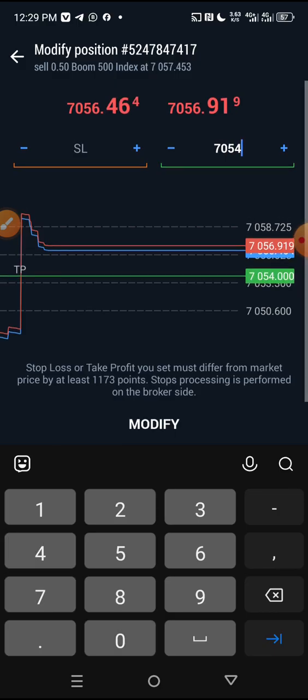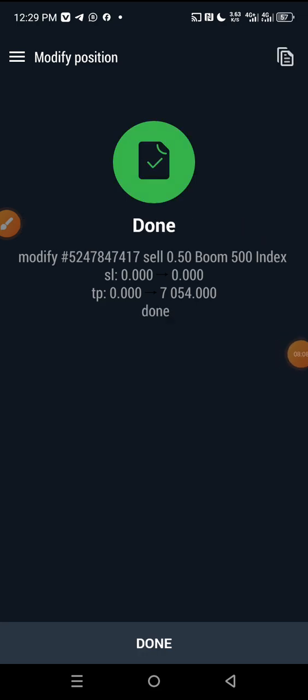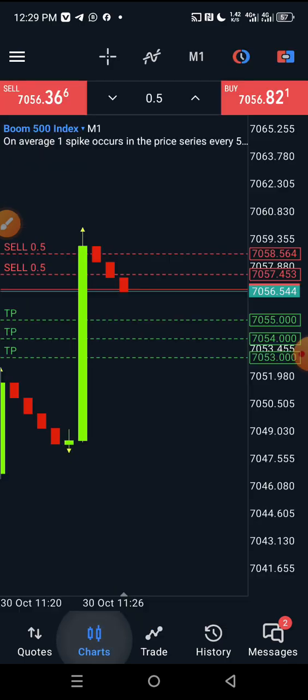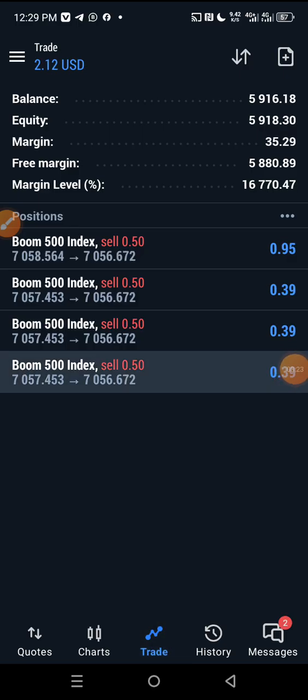You see, so I close, and then I use 70.56 because I've used the other one. You see how the take profit is in line. Let me use 70.52 on the last one.